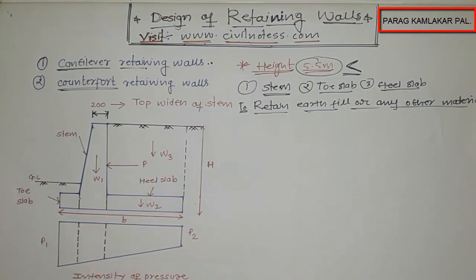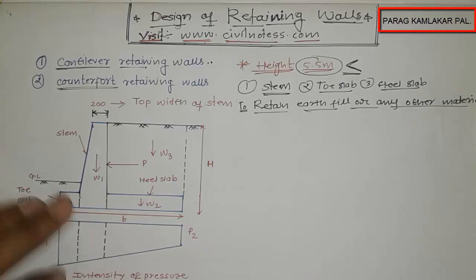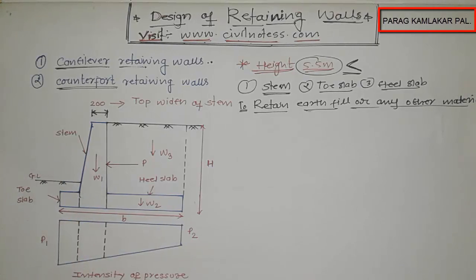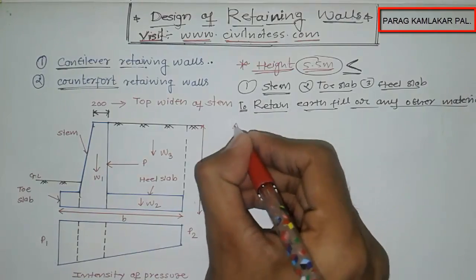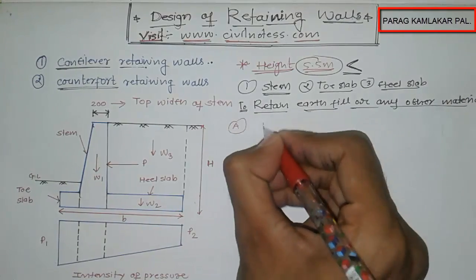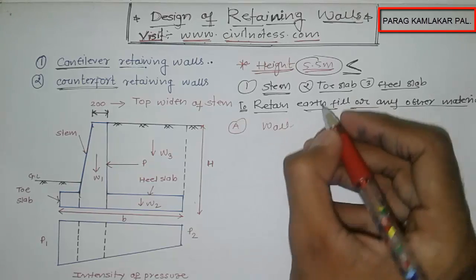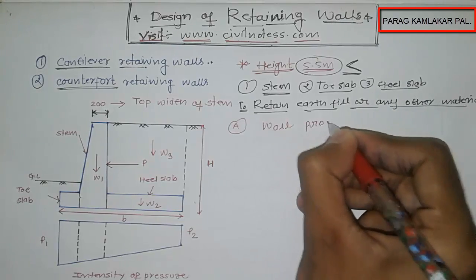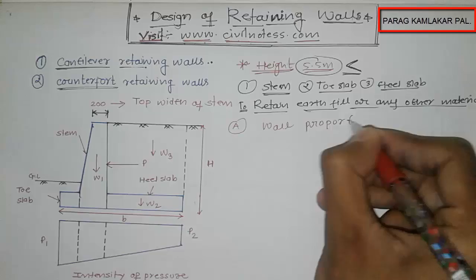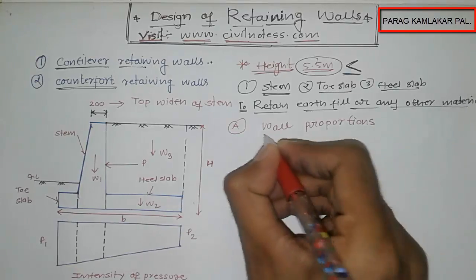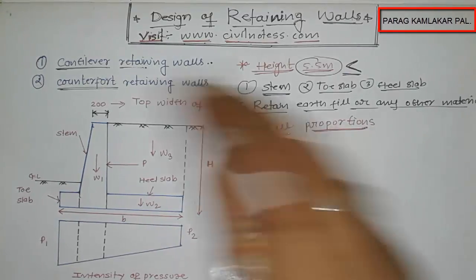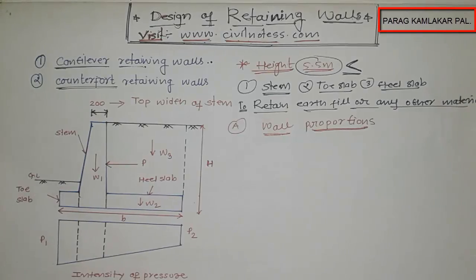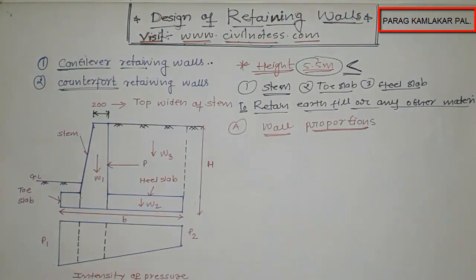Now we are going to discuss the cantilever retaining wall first: what are the wall proportions. Our topic number 1, part A, is the wall proportions. First of all, the top width of the stem.